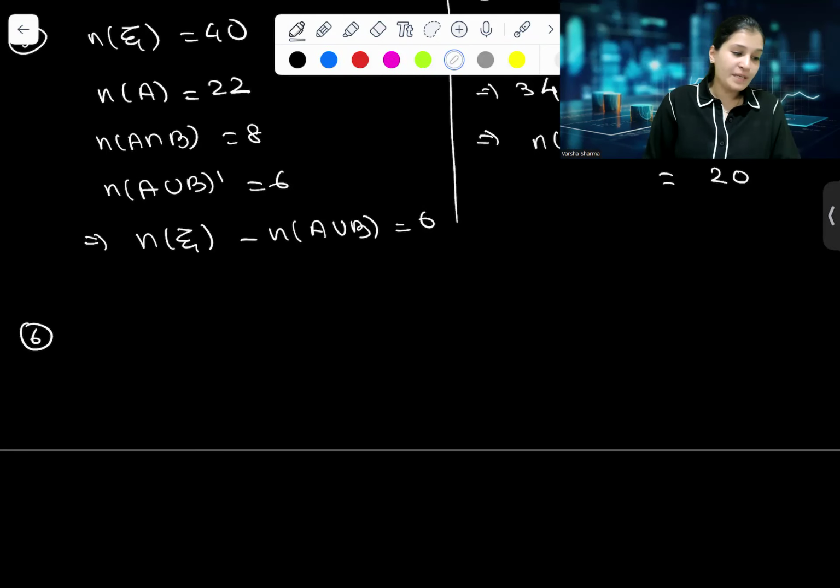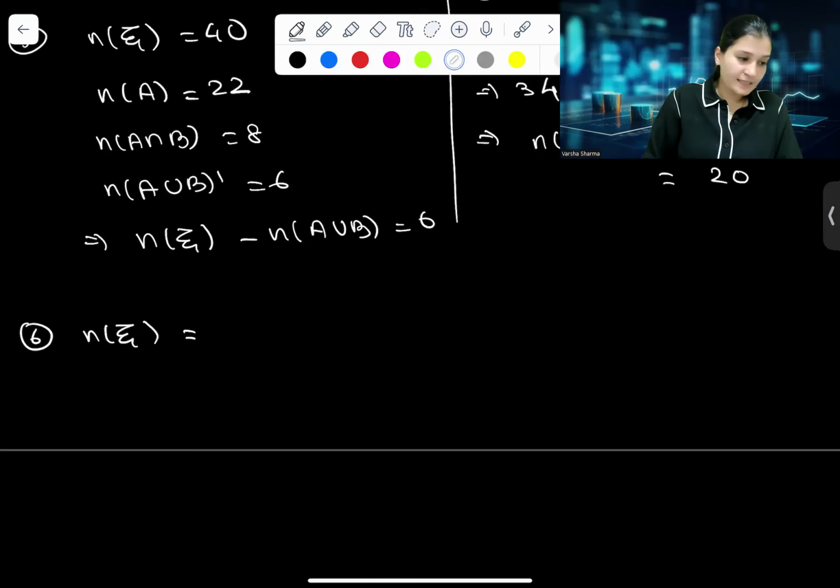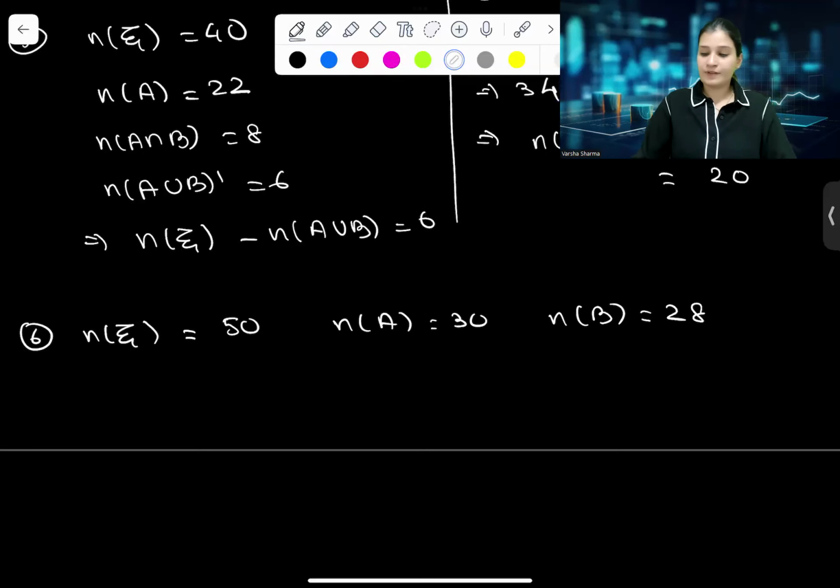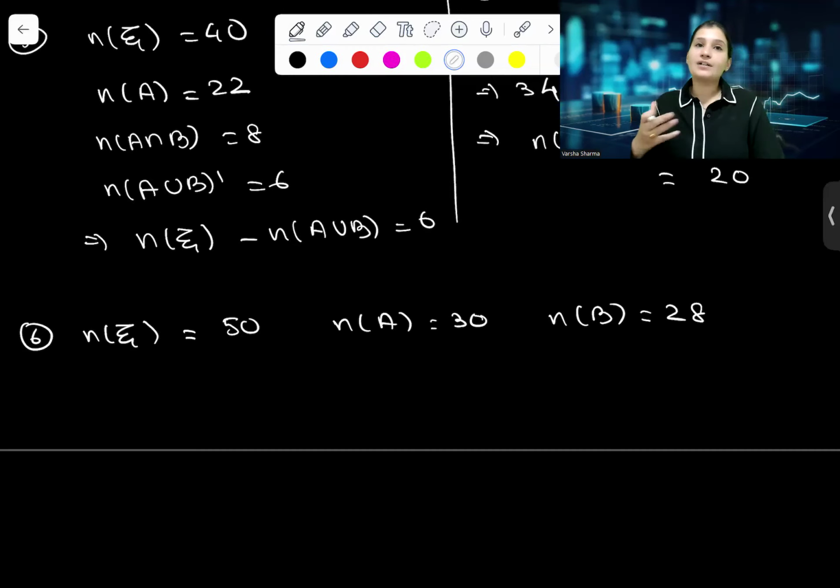Universal set, A and B are given. Universal set is 50. A is 30 and B is 28. Agree? So the first question, what is the greatest value of the union? Union is always a part of the universal set, right?